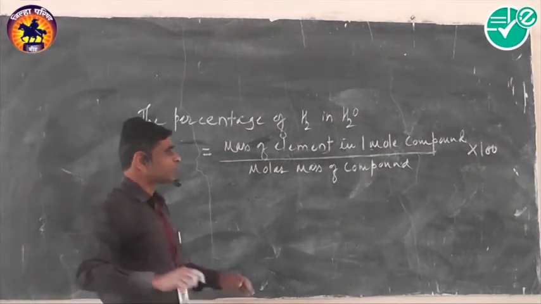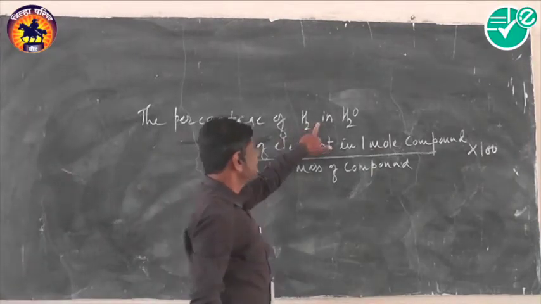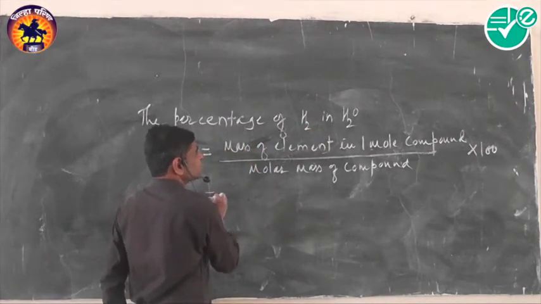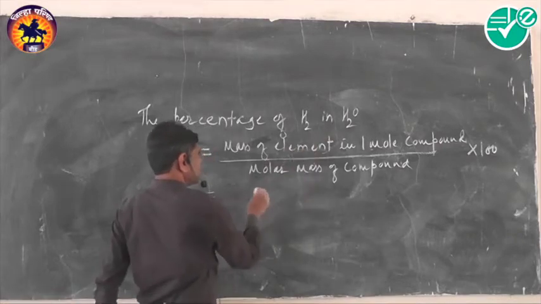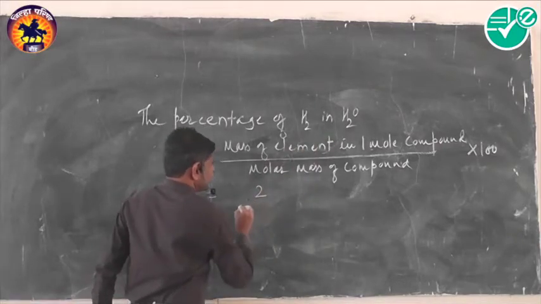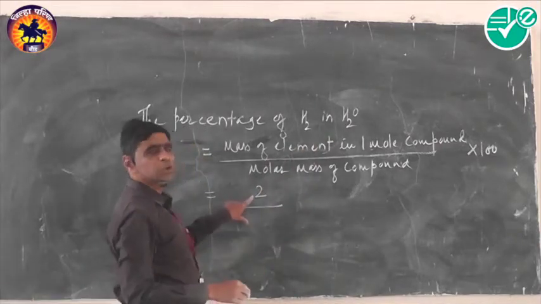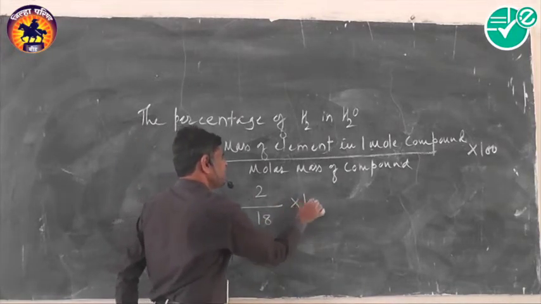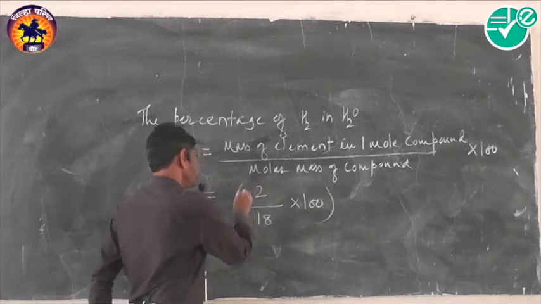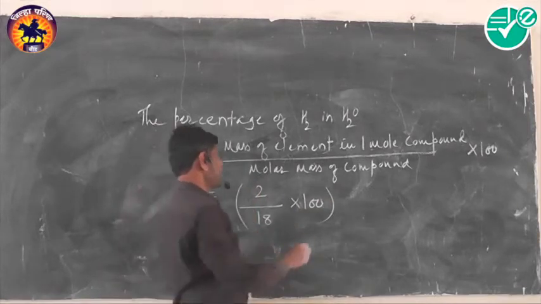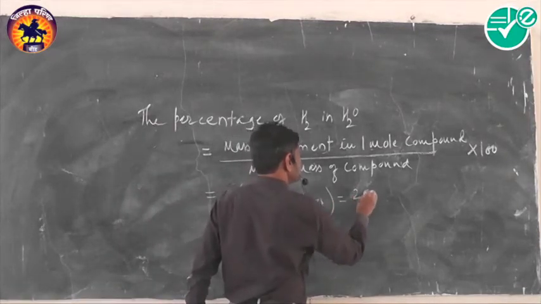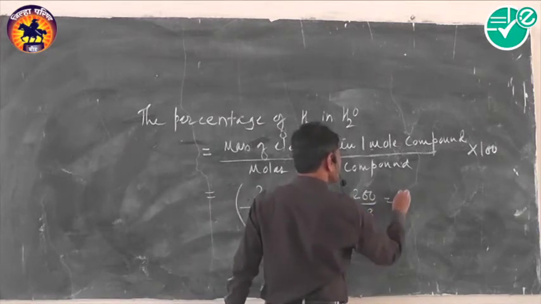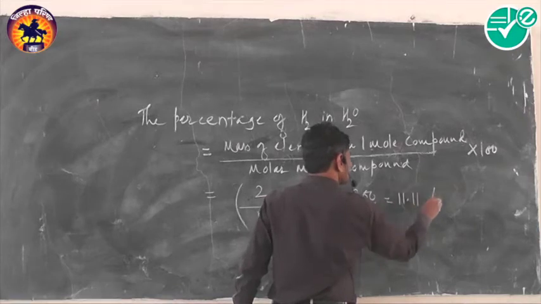Now let us calculate the percentage of hydrogen as well as the percentage of oxygen in a given water sample. So the percentage of hydrogen in water: 1 mole water consists of 2 gram hydrogen. What is the molar mass of water? 18. So 2 upon 18 multiplied by 100, which is 200 upon 18, that is equal to 11.11.